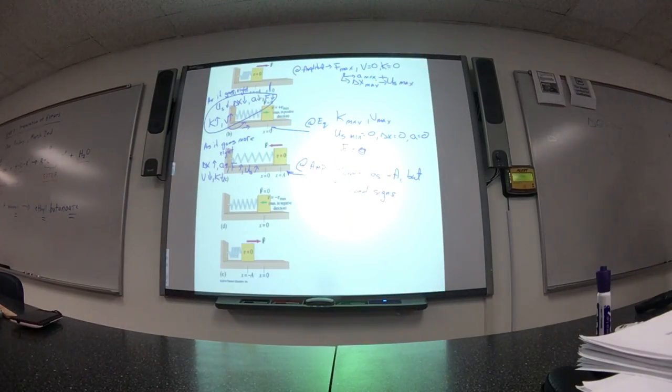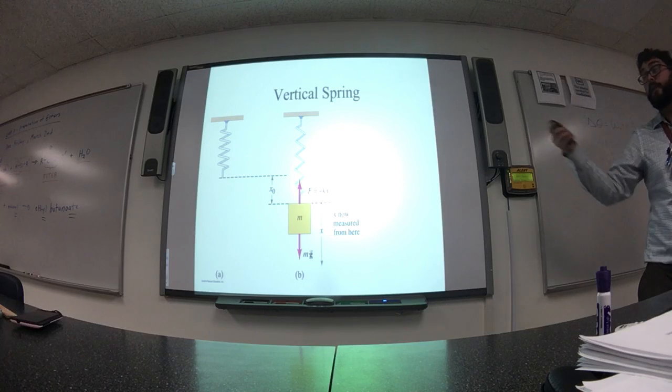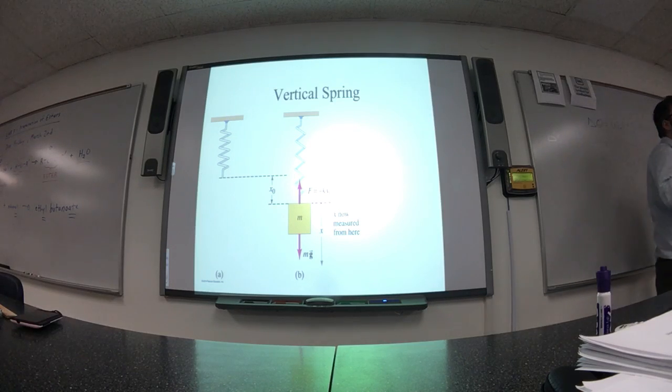And this is a horizontal system. If I have a vertical system, not a lot changes, except I get the addition of gravitational potential energy. That would be the difference. Now, this system will usually stop.